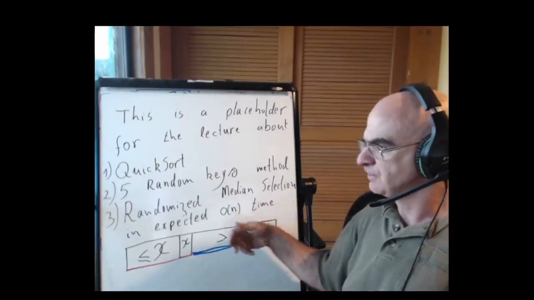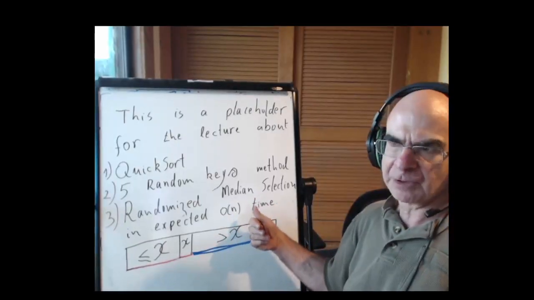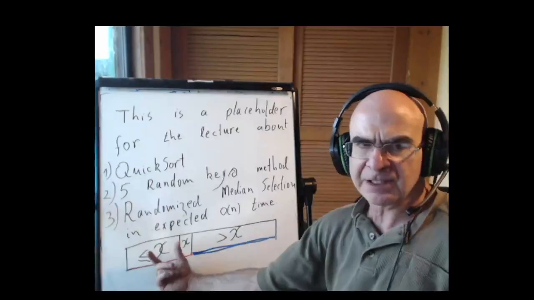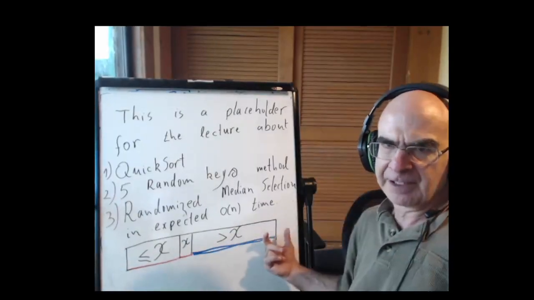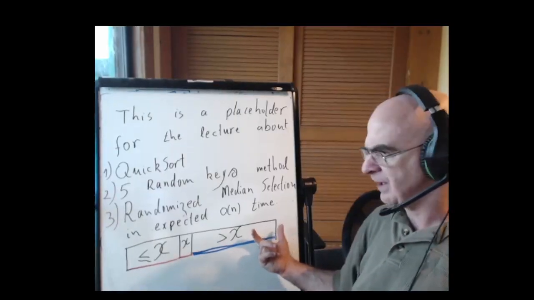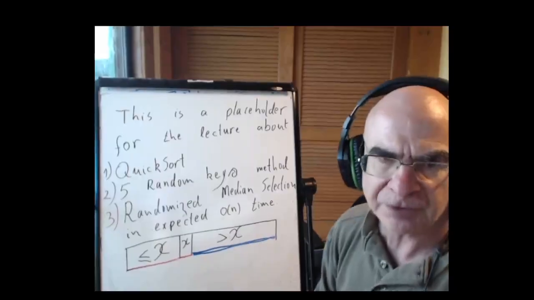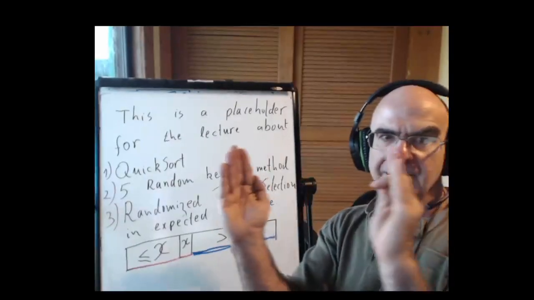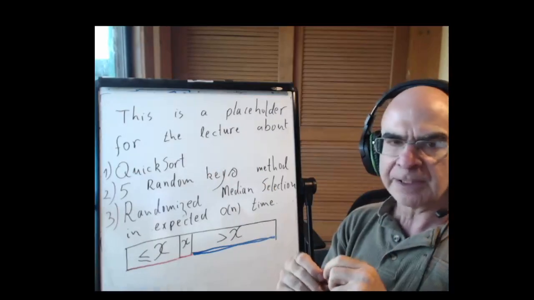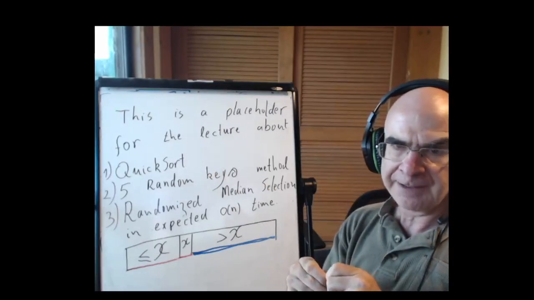A good enough pivot just has to not be in the smallest 10% of the elements and not in the largest 10% of the keys. As long as this pivot is in the middle 80%, not very small, not very large, then the running time will still be n log n.